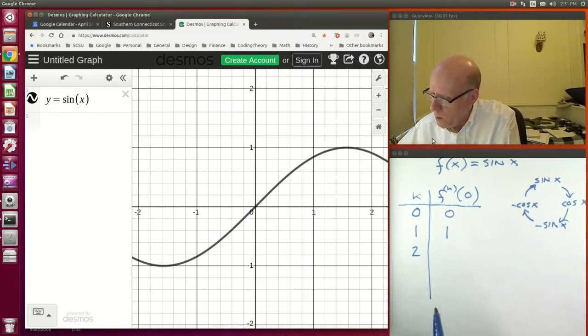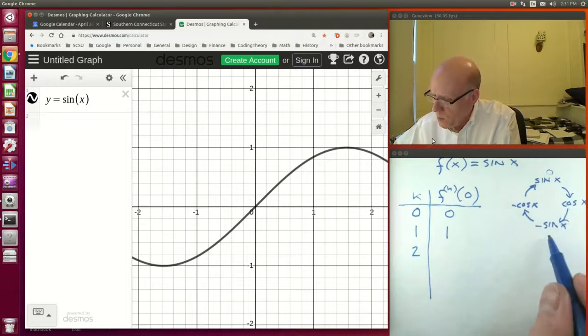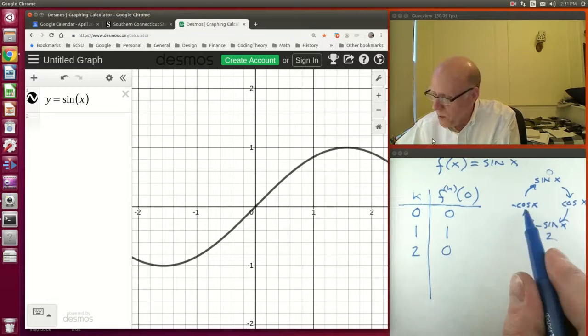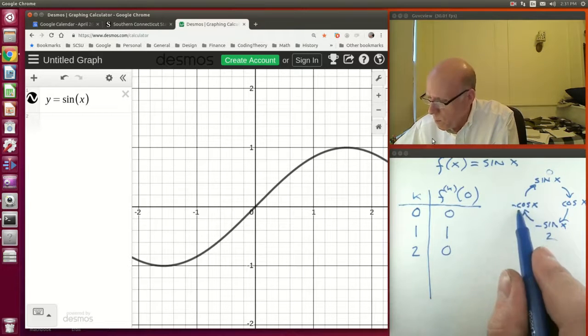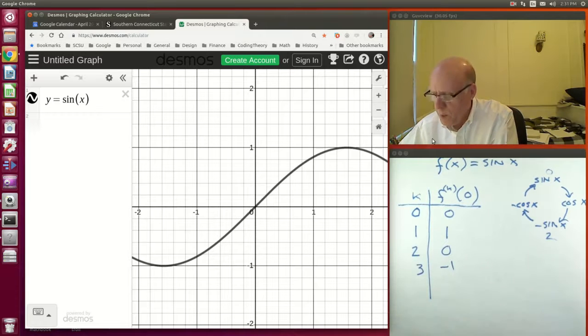All right, so that's going to help us because the 0 and the second derivatives, those are both sine of x or minus sine of x, they're zeros. And the odd number derivatives, actually, it's all the odd ones that are going to survive. They are either cos x, where you get 1, or they're minus cos x, and that's what happens on the third derivative. You get minus 1.